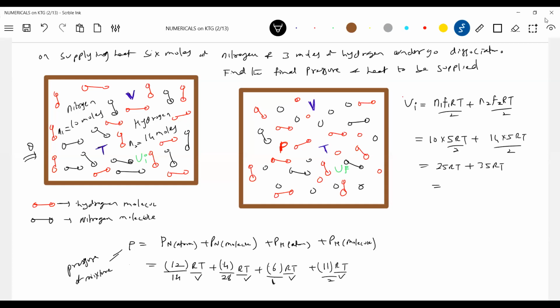This molecular mass need not be known for nRT. When the mass of the gas comes, then the molecular mass will come into the picture. Okay, we'll have this much here: 27, 35, so 30, this will be 50, 60 RT. This is the initial internal energy.